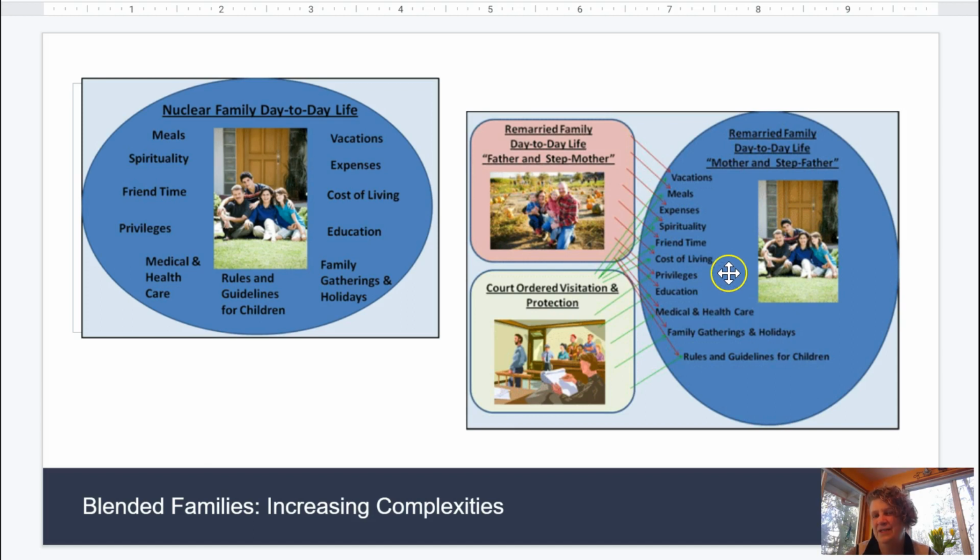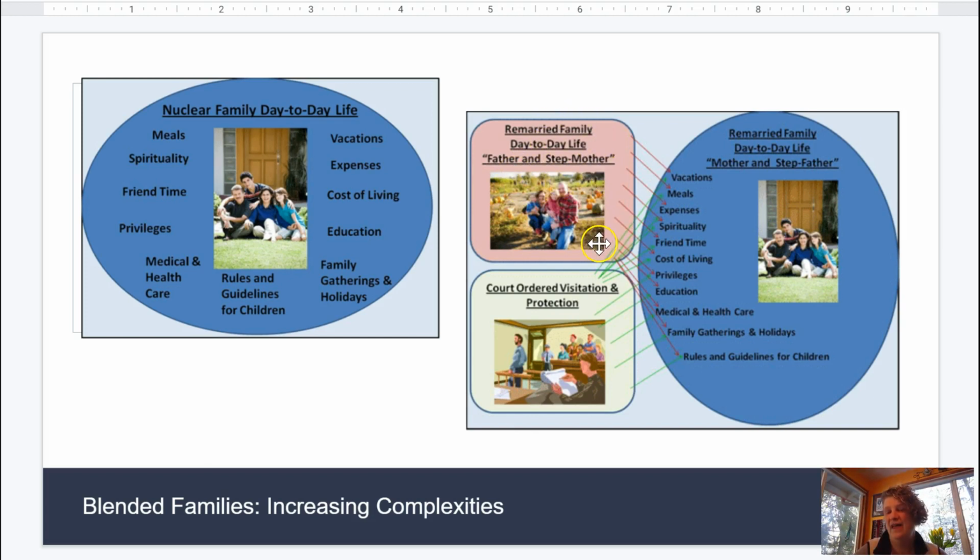What are the privileges in this household? The child is relearning those, because those have probably been renegotiated with the new stepparent. And then also has those same things potentially in a second family, whether that family is a remarried family or not, whether it might be a single parent family over there.